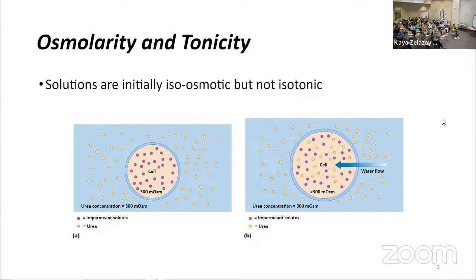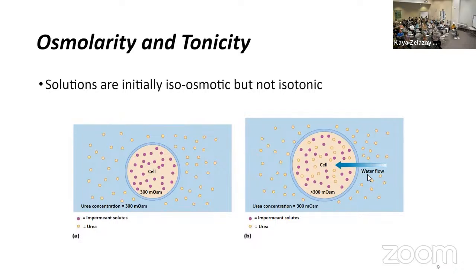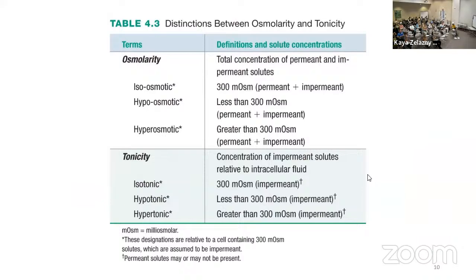So that's why we sometimes separately refer to whether something is isoosmotic or isotonic. We're specifying a little bit about what is driving this effect. And sometimes we'll get into these nitty-gritty details. For now, you can think about them as somewhat equivalent as concepts.